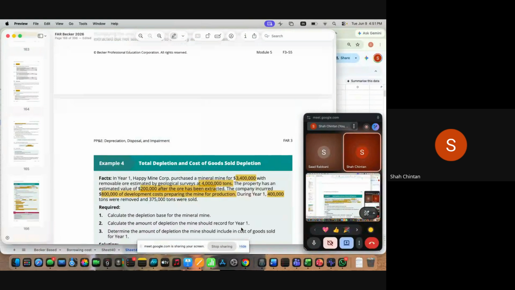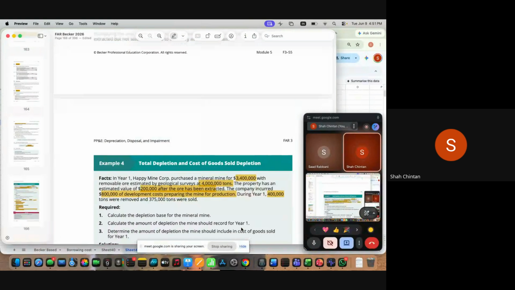If you see this line, percentage of depletion can exceed the cost of depletion. So it may be that your cost is 100 but the government allows 125 of depreciation, which is logically not possible, but it is allowed for regulation purposes. For the time being, leave it. In accounting this will not be asked, but when we go to regulation, we will see how Section 179 depletion affects all these depreciation and depletion calculations.